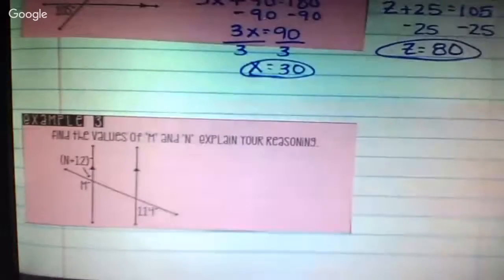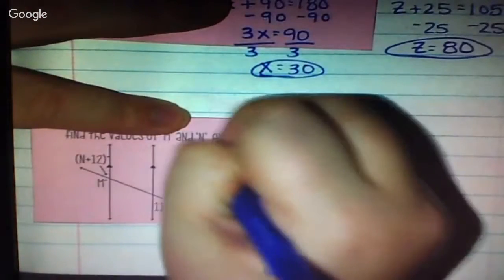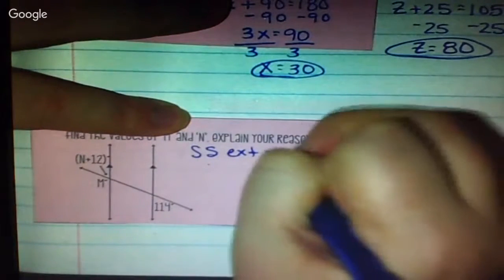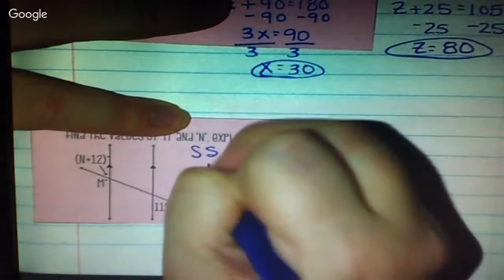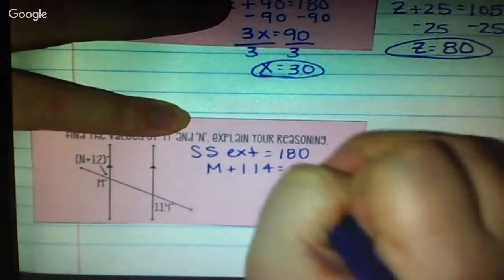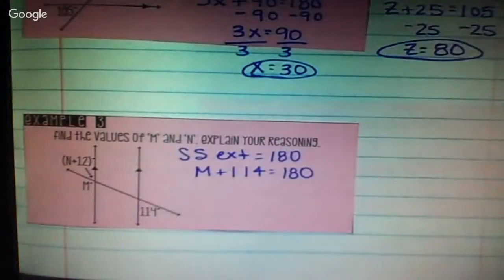Same side exterior angles, which means that they're equal to 180. So that means m plus 114 should equal 180. Subtract 114 from both sides.